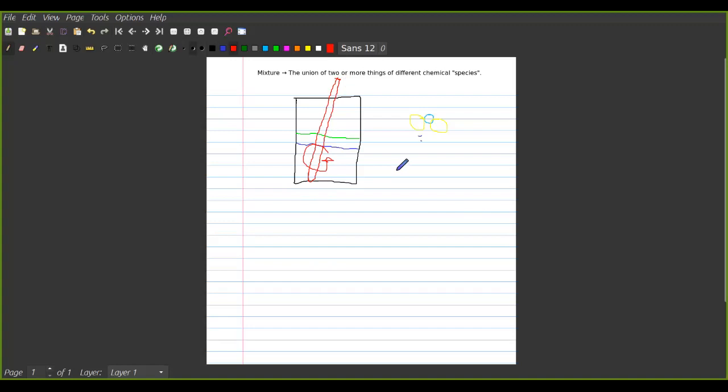And that mixture can be homogeneous or it can be heterogeneous.